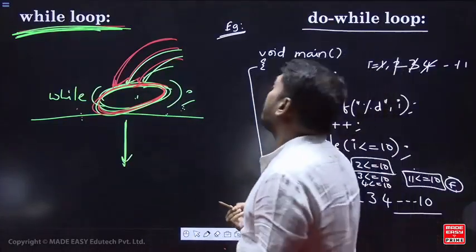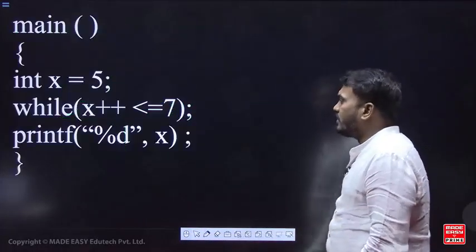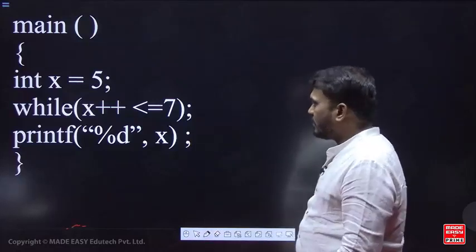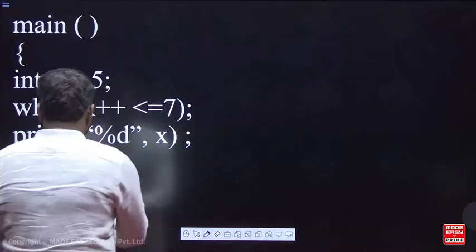Okay, now what is the meaning of this? Just take the example. Take this example next and tell me what is the output printed. Take this, copy karo, think carefully and tell me what is the output printed.